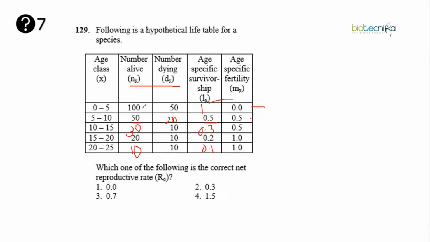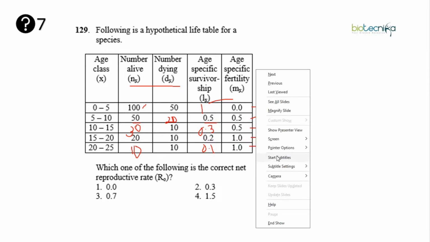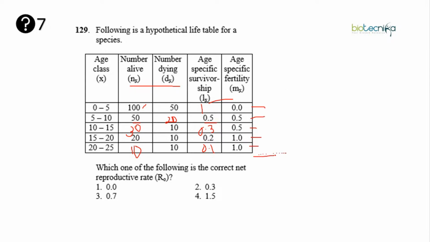For each one of these, you find out lx into mx, and then you do a summation of the lx into mx. So for this it is 0, this is your 0.25, and 0.15. Like that way you find out.